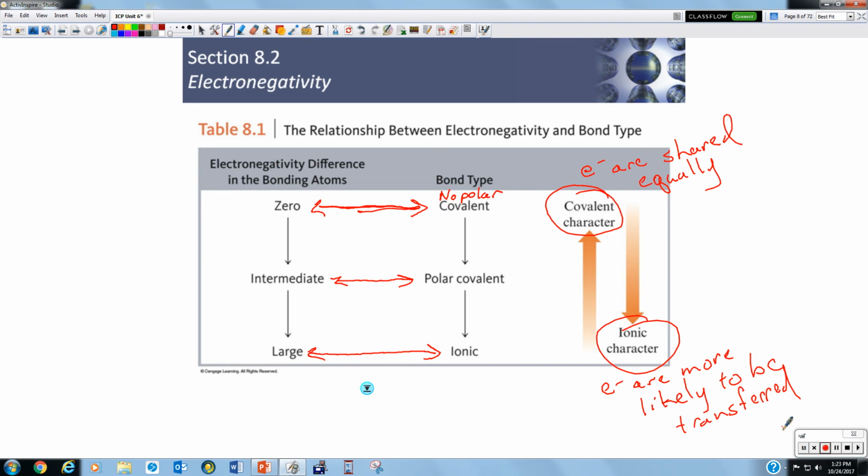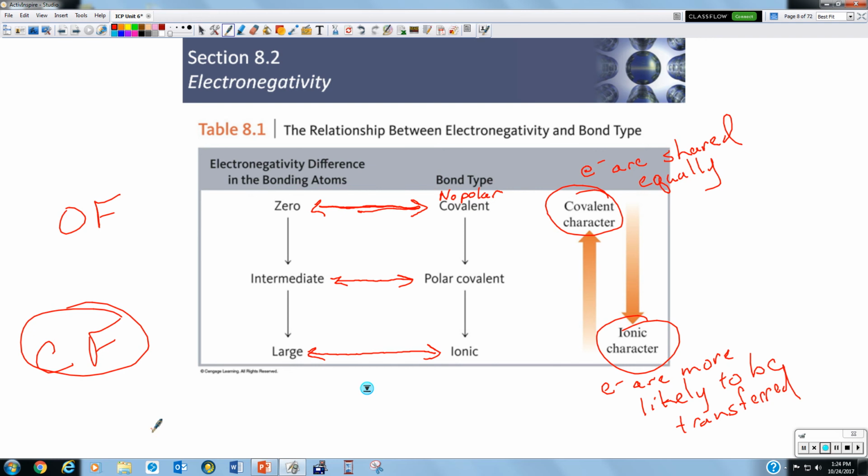What you need to look at is, if they gave you, I'm just going to pretend that this is a real compound, monoxygen monofluoride versus carbon fluoride, which one is going to have the most ionic character?